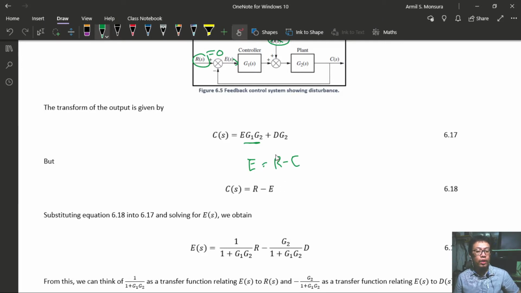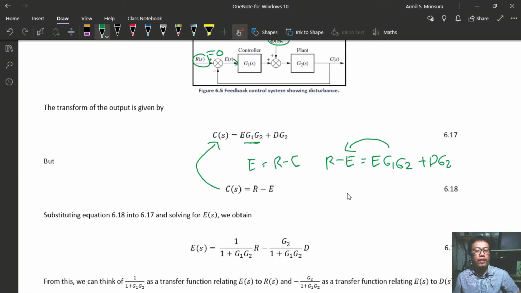So solving this for C instead, we will have R minus E. Now what we will do is substitute this into the equation, sa 6.17, so that we can have R minus E equals E G1 G2 plus D G2. And we then solve this for E.